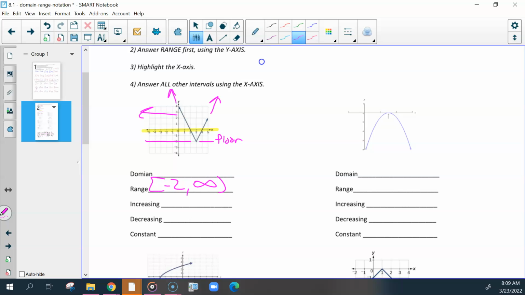And if this is going up and out to the right, this is going to keep going to the right. So if it's going out to the left and to the right, what would your domain be? Negative infinity to positive infinity. And you'll see that a lot of these domains are going to be like that.